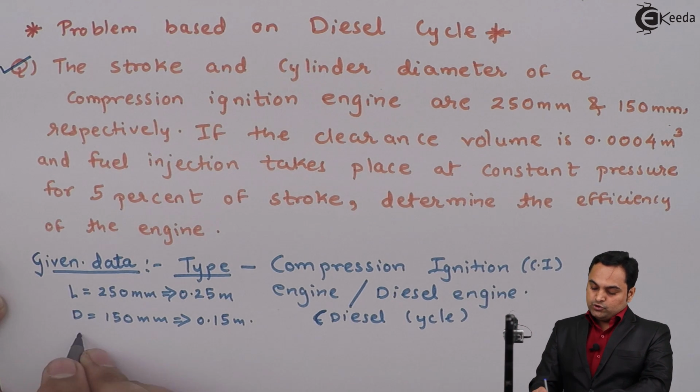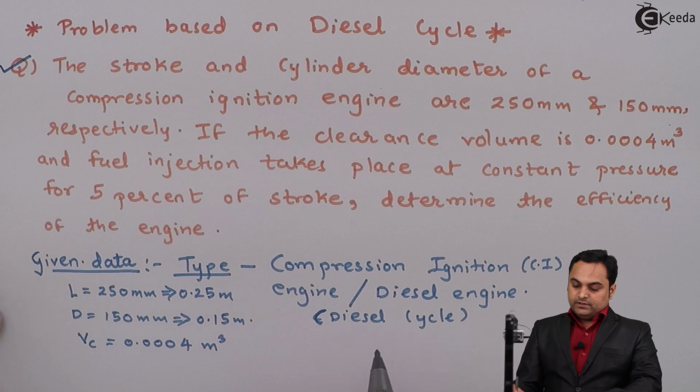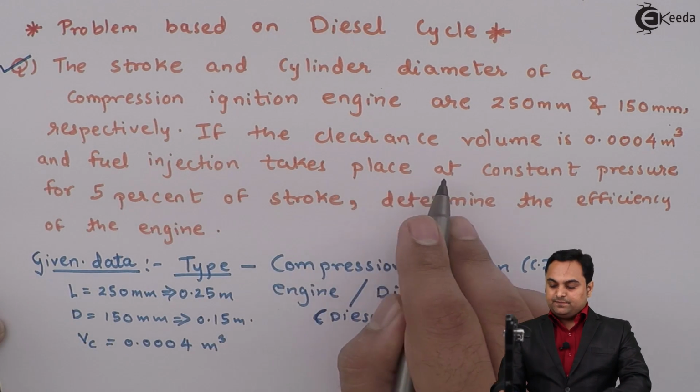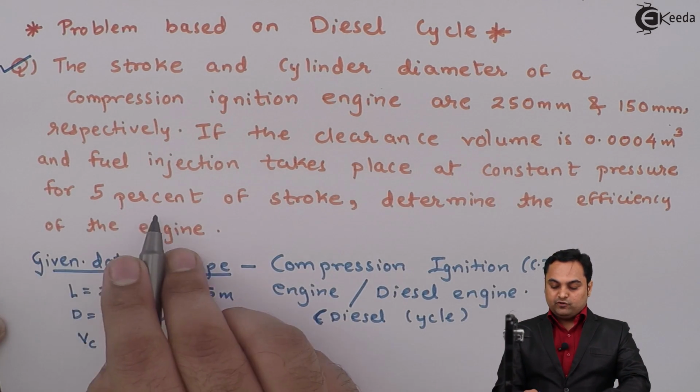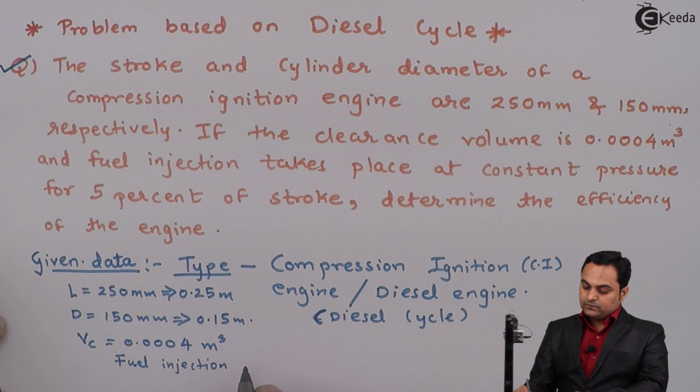Next, the clearance volume is 0.0004 meter cube, so clearance volume is V suffix C, 0.0004 meter cube, and fuel injection takes place at constant pressure for 5% of stroke. So fuel injection is at 5% of stroke.